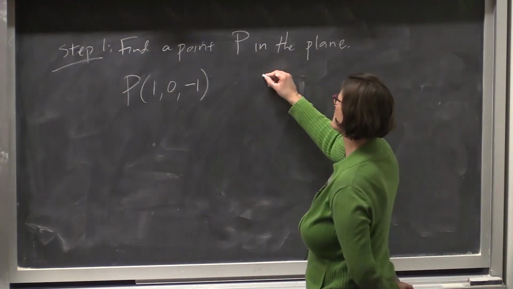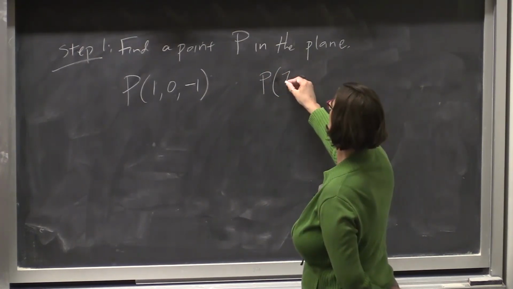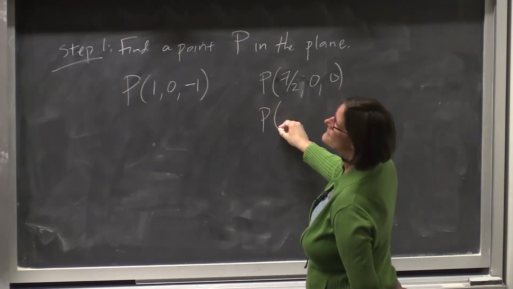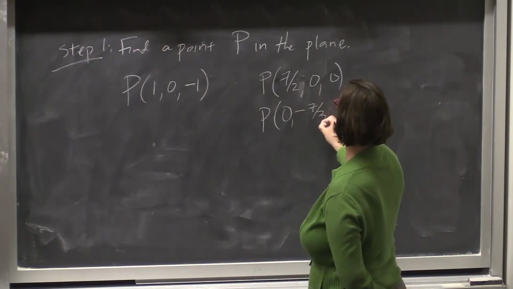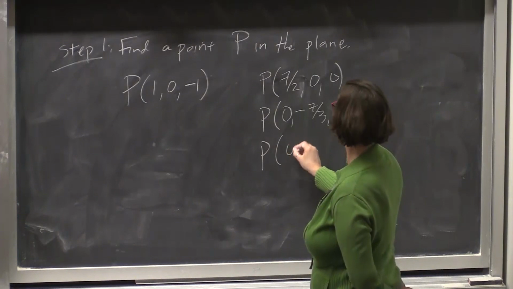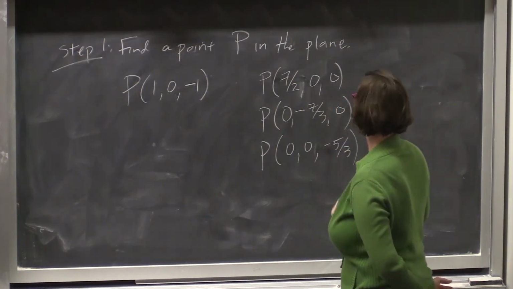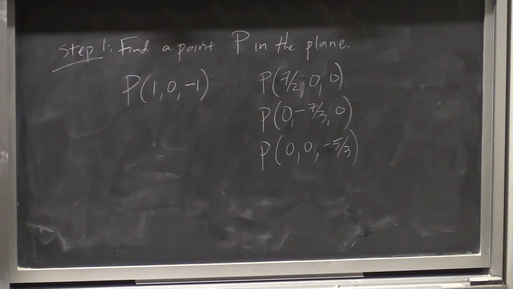Other points, maybe not so nice, would have been 7 halves, 0, 0. Another easy low-hanging point would be 0, -7 thirds, 0. Another low-hanging point would have been 0, 0, -5 thirds. Those are all easy to get points.